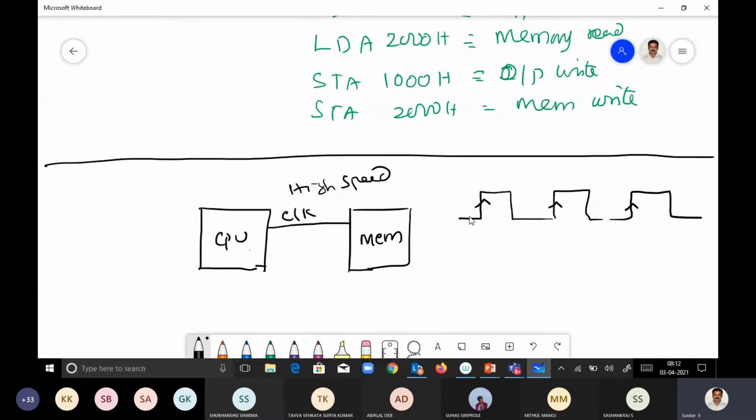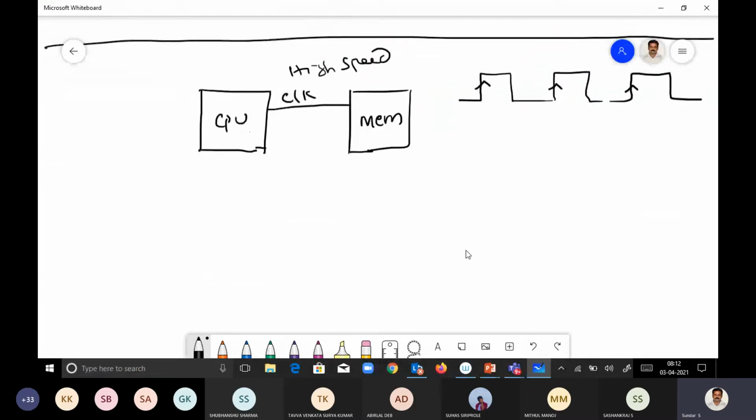Suppose we have a separate clock, something like this: CPU, IO module, IO. There are IO modules, and more than one IO module can be used in our system. We have a clock from the CPU.